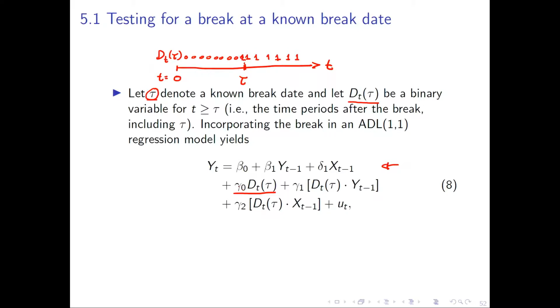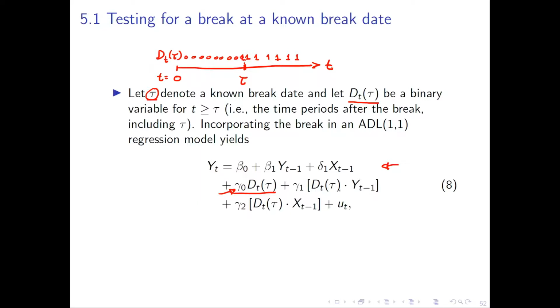So gamma naught would then be the change in intercept, and of course you could test this by using a t-test or an f-test to test whether or not this intercept change is different from 0.